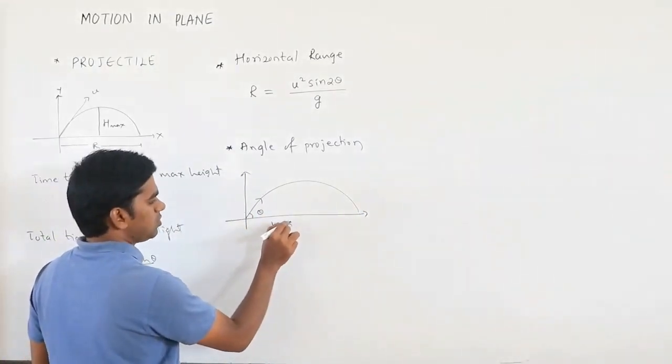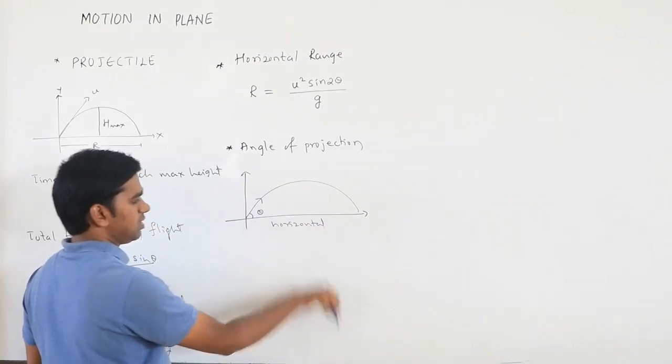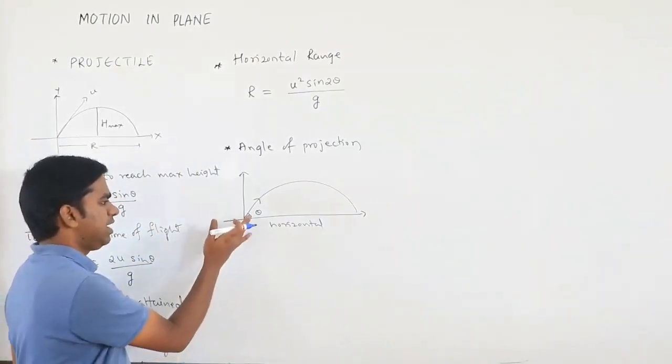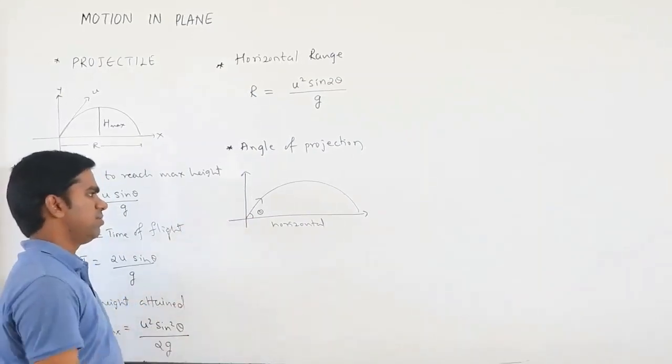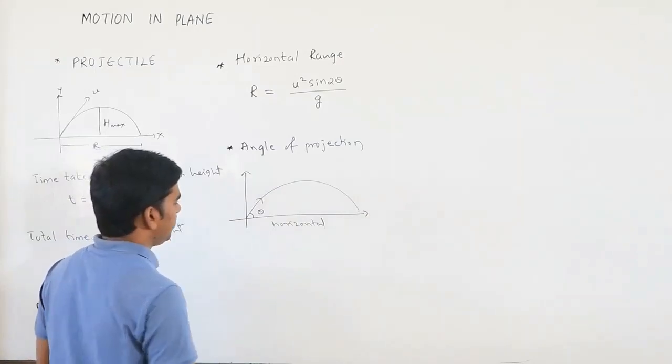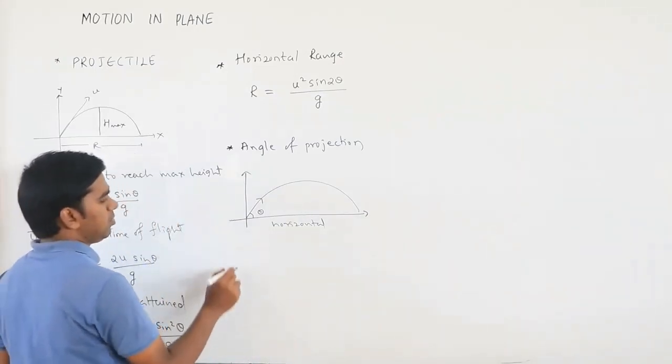With horizontal. You may mention at the point of projection, or it's okay because we will get more or less the same angle. So how can we define the angle of projection?